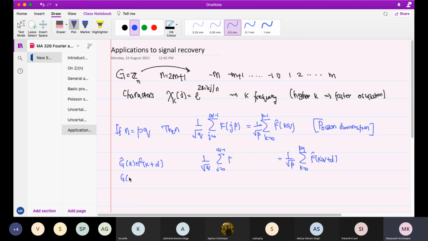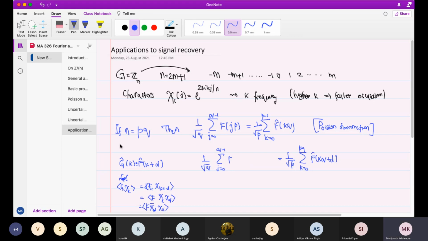What is the g hat of k? It is g inner product chi k. I want that to be equal to f inner product chi k plus d. But chi k plus d is chi k times chi d. So I can put f times chi d bar here.